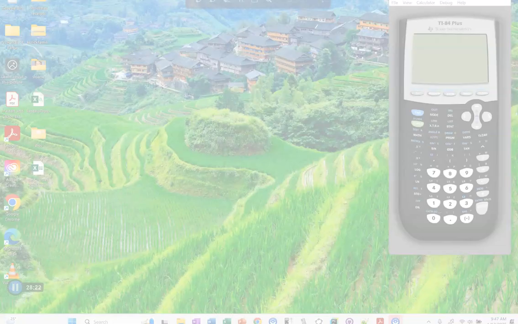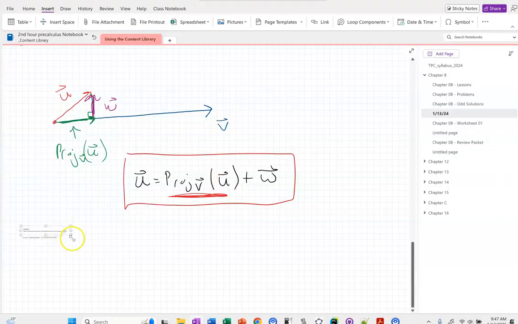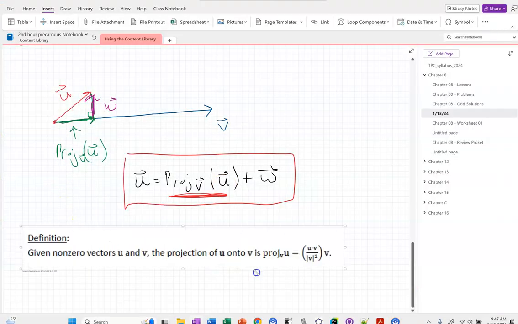So let's define now computationally how we actually calculate this projection. For non-zero vectors u and v, the projection of u onto v, we denote as proj, P-R-O-J, with a subscript v, of u.